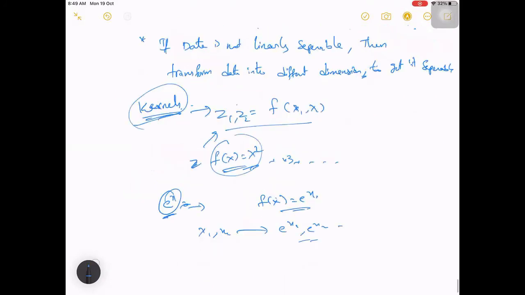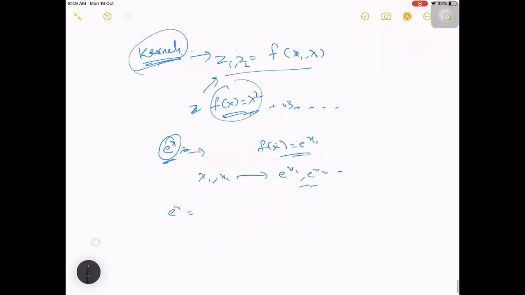If you take e power x, there is an expansion by Taylor series where e power x will be 1 plus x plus x square by factorial 2 plus x cube by factorial 3, and so on, right? So you still have infinite dimensions. If you can expand it to infinity, e power x is actually this.